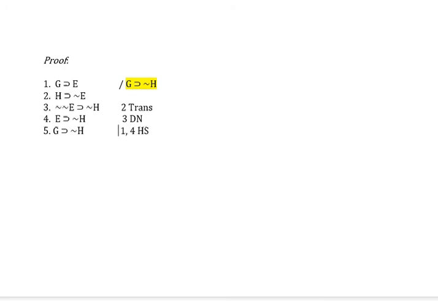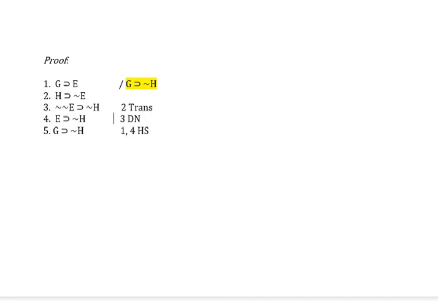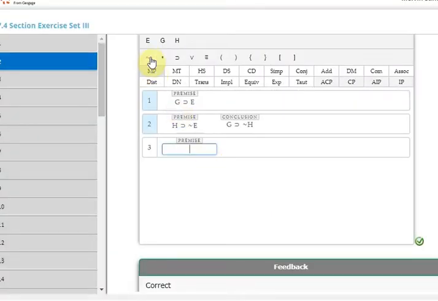Let's go back into MindTap and input this in. Again, this is just so that you are familiar with MindTap, and that's what you're working with, so that's what we need to do here. Okay, well, remember that our first step here was to do a transposition on line 2, so that we get not E, then not H, right?